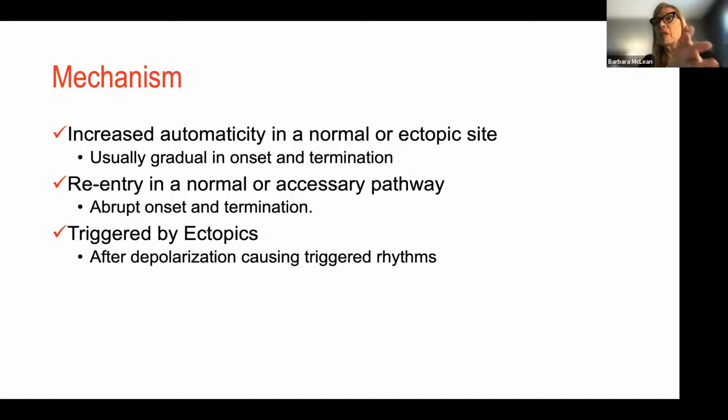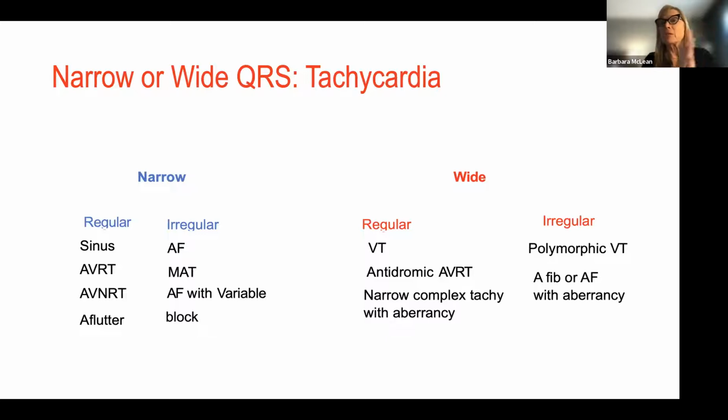Now, most of these rhythms, or abnormalities, are actually triggered by ectopic beats. So our first concern is for bedside providers. When we're looking at patients, remember, we're going to look and see, are you regular or irregular? And are you narrow or wide in terms of your QRS?